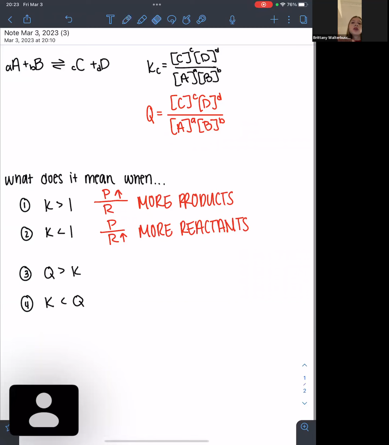So Q is just a measure of comparison to see where we are at right now in this reaction. Whenever you see that Q equals K, that means we're at equilibrium.